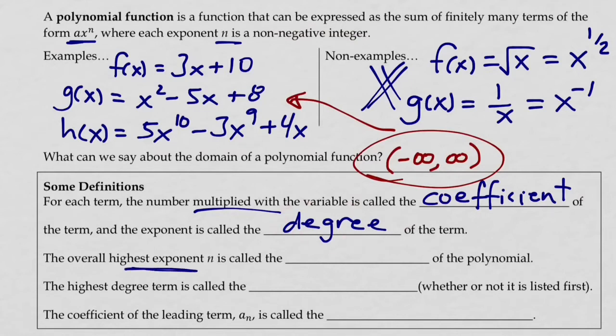The highest degree is also called the degree of the polynomial, and the highest degree term is called the leading term. And finally, the coefficient of the leading term, shockingly, is called the leading coefficient.